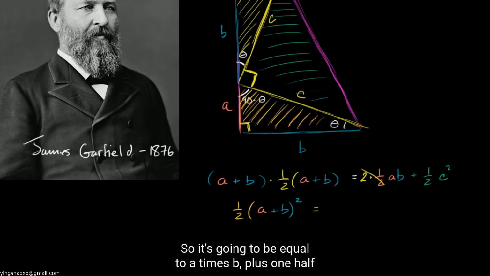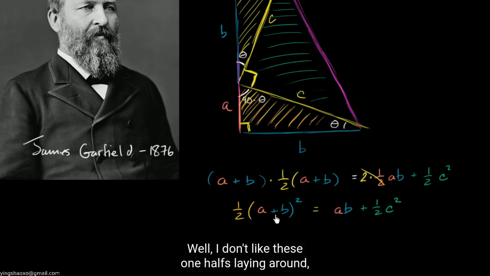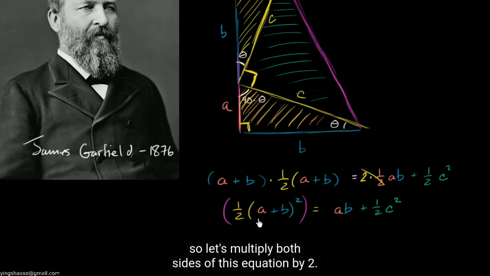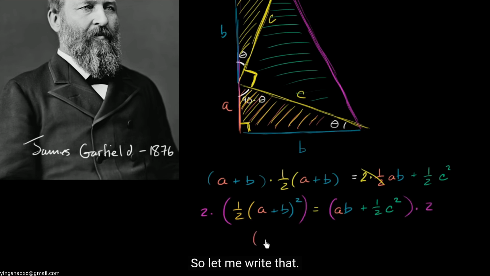So it's going to be equal to A times B plus 1/2 C squared. Well, I don't like these 1/2s laying around, so let's multiply both sides of this equation by 2. On the left-hand side, I'm just left with A plus B squared.